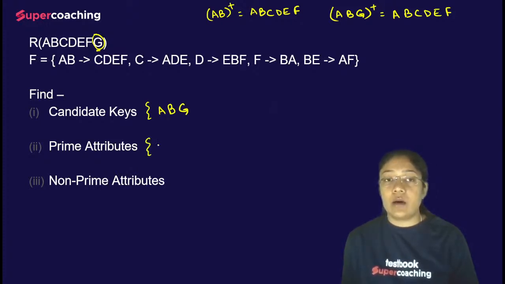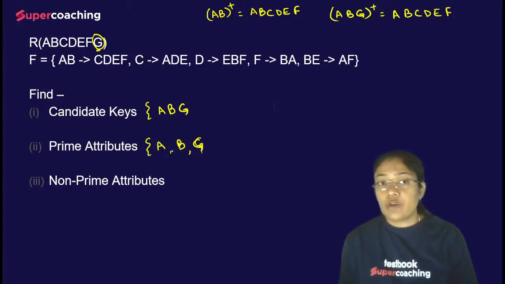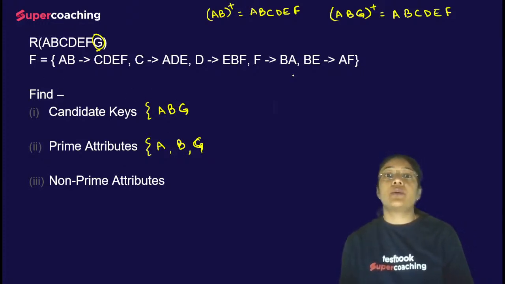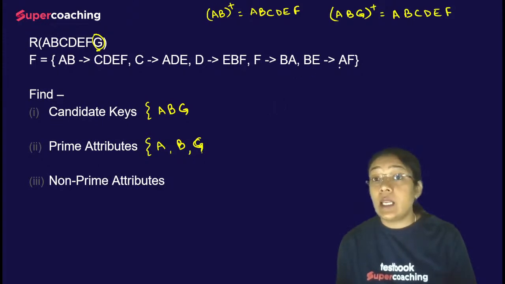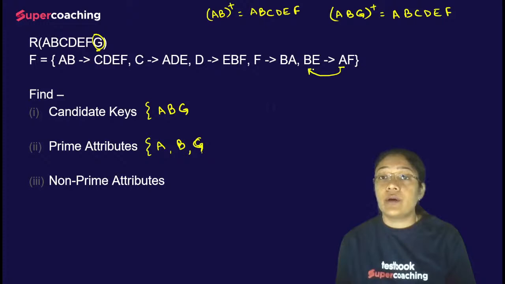Prime attributes are, from the first candidate key, the three prime attributes ABG. Now check whether any of the prime attributes is present on the right hand side of any dependency. A is a prime attribute and it is present on the right hand side of BE. So I'll be replacing this A with BE.